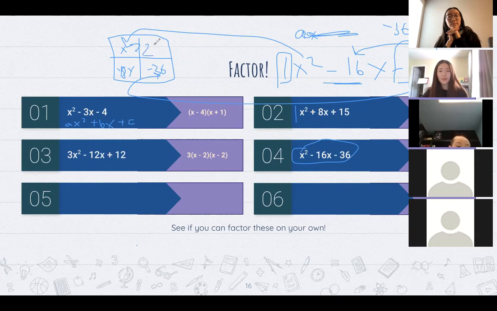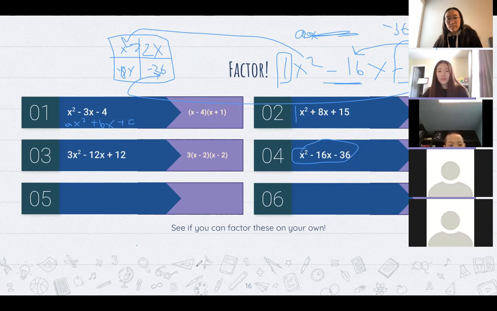It doesn't matter which. Wait, why not? Why shouldn't it be like negative 6 and negative 6? Why does it have to be negative 18 and 2? Because 6 times negative 6 does equal negative 36, but when you add the two numbers it also equals negative 12.